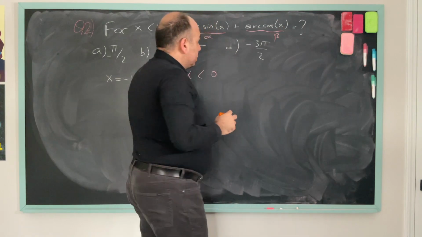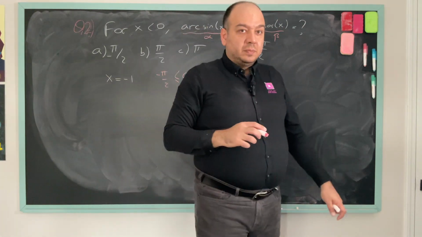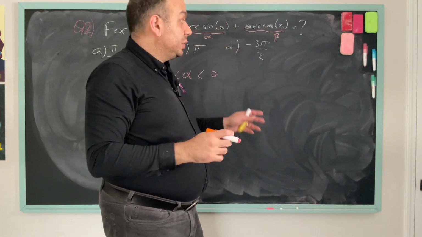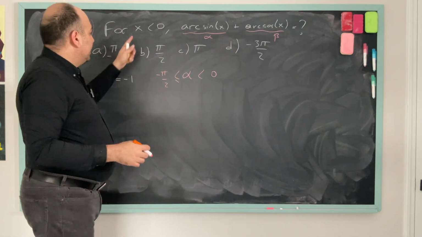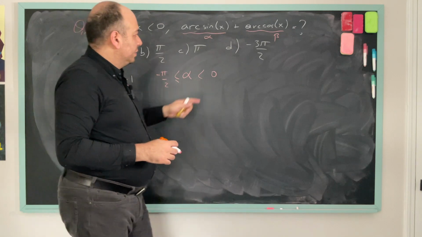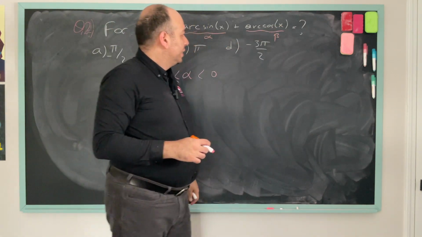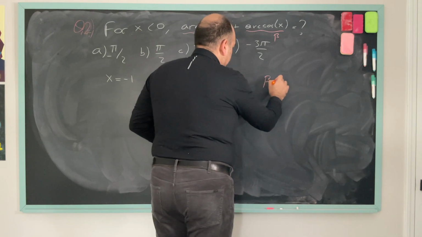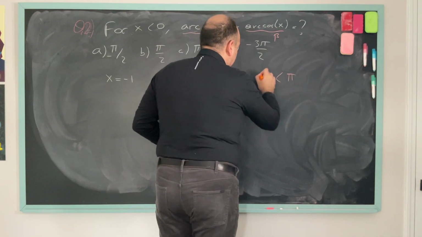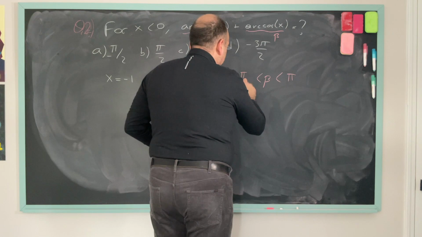For beta, our cosine function has a range between 0 and pi in general. But it takes negative values as an argument here when beta is less than pi and larger than pi over 2.